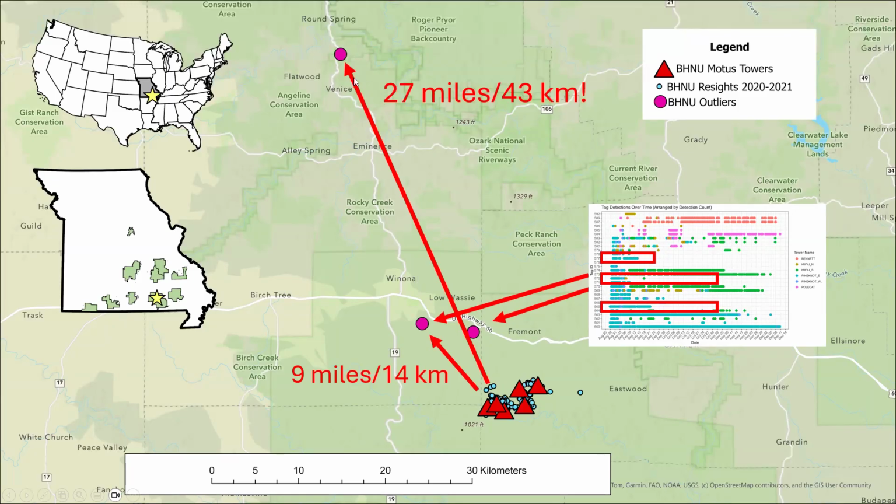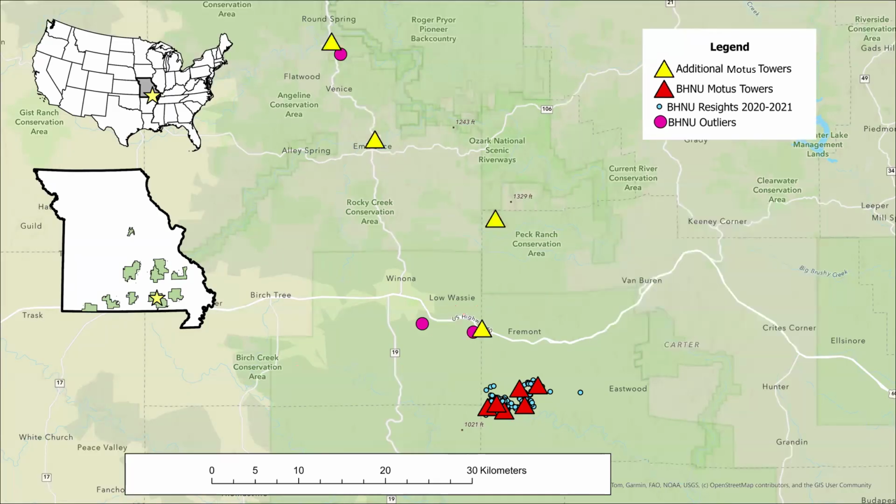But these birds were likely from the earlier cohorts, so 2021 birds. So we're filling a bigger cup than we previously thought. We were really focusing on restored habitat in this core area, but I think these birds are finding patches of good habitat elsewhere readily, which I think is encouraging.